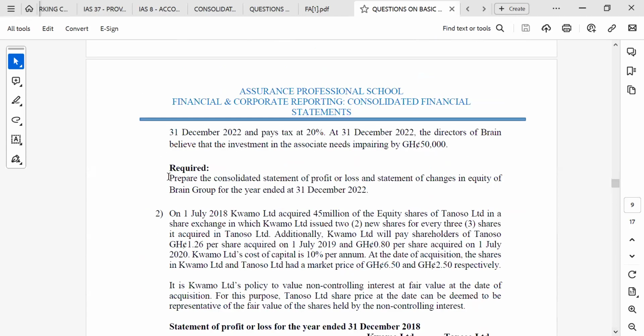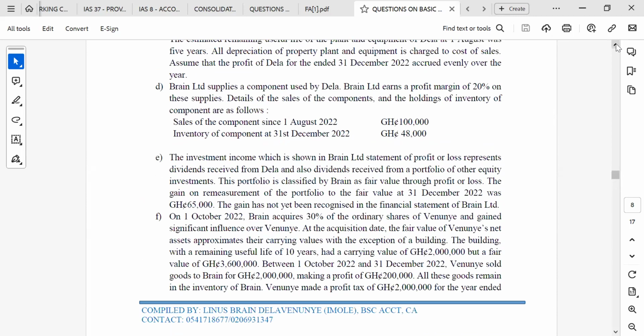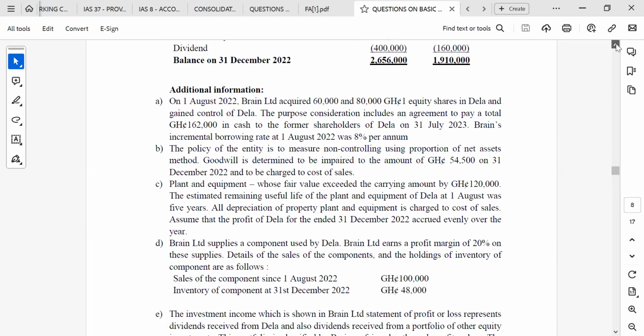And the question is not asking us to bring the statement of financial position, but non-controlling interest will be important over here because of the statement of changes in equity. So we'll be showing the non-controlling interest in the statement of changes in equity. So we do that particular working later.